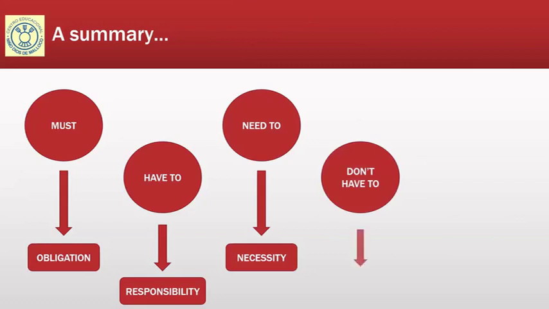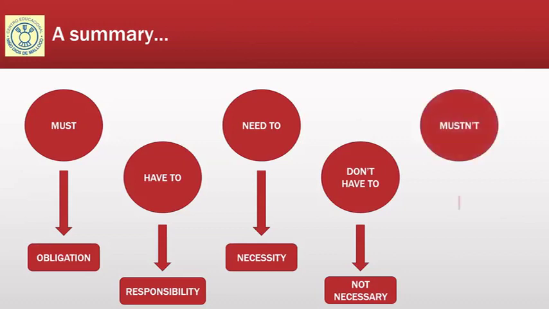Don't have to represent something that is not necessary to do. All right, you can do it if you want, but it is not necessary. And mustn't represents prohibition. In this case, you have to avoid that action because you will have a punishment if you do.